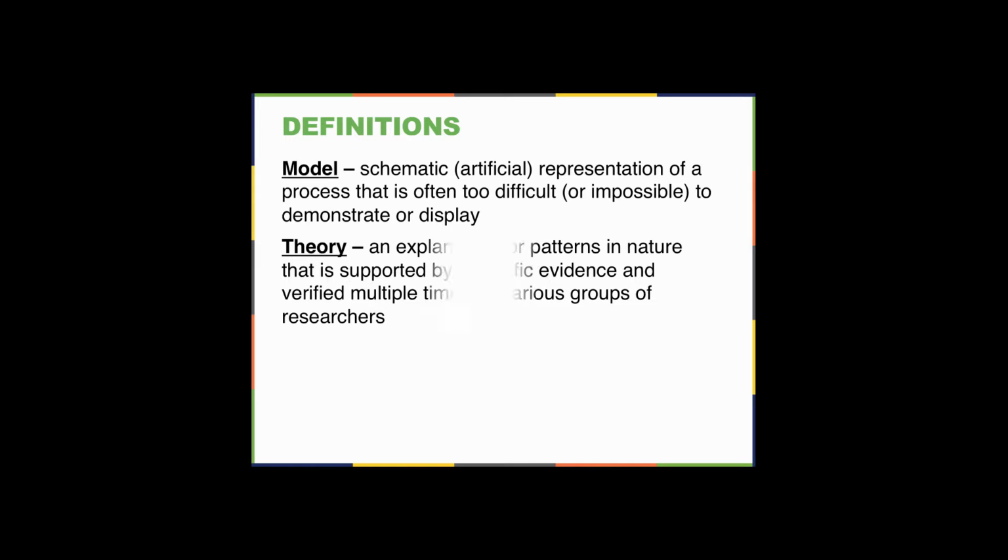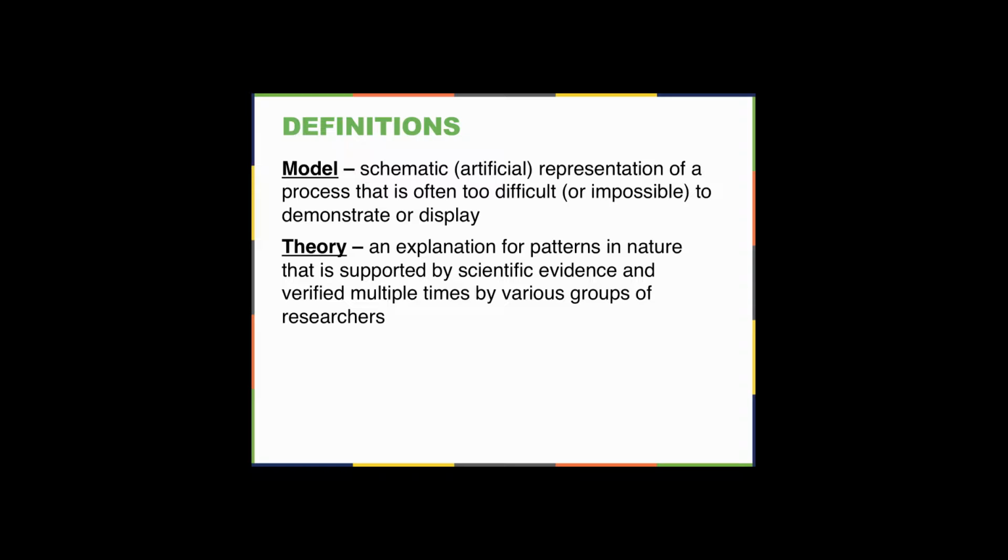Now, this is in distinction to a theory. In a theory, we put together the information that we know based on observation and experimentation, and we put together an explanation for the patterns in nature that we see that are supported by the scientific evidence.